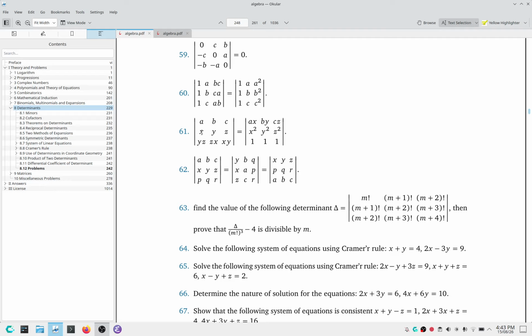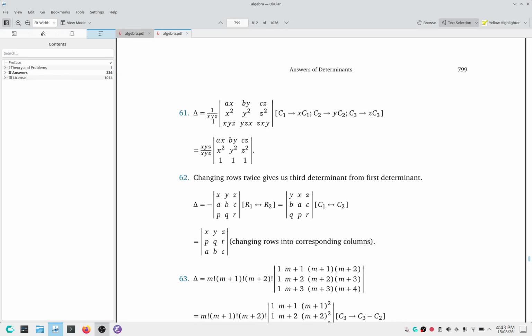Now question 61 is simple. It says we have to prove without expanding that the determinant ABC, XYZ, YZ, ZX, XY is equal to AX, BY, CZ, X square, Y square, Z square, 1, 1, 1. So fairly standard, similar to question number 60. So what we do is we multiply column 1 by X, column 2 by Y, and column 3 by Z, and corresponding division has been made.